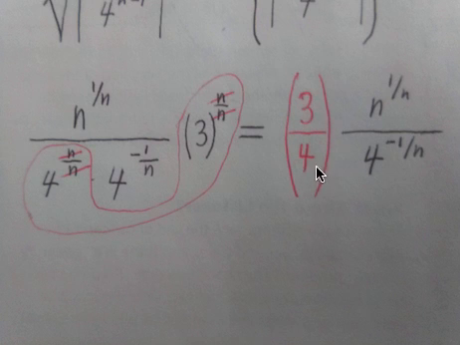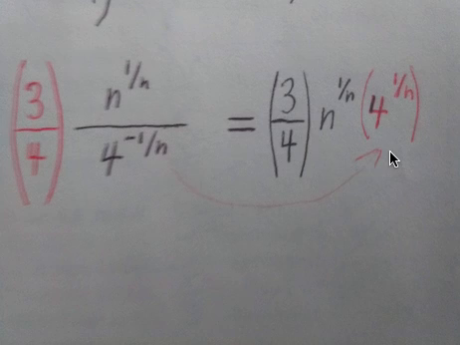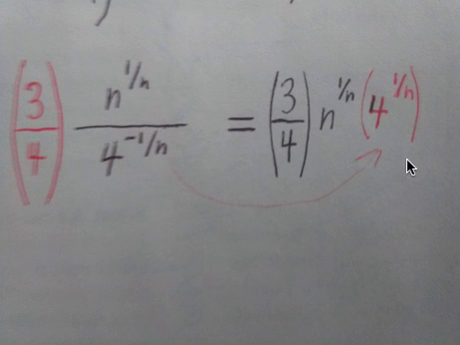So our term inside that limit is 3/4 times n to the 1 over n divided by 4 to the negative 1 over n. And we could probably do something with that minus sign as well. So that means we can move it up to the numerator, because it was already at the denominator before.